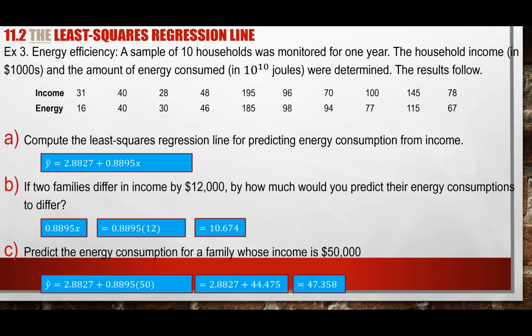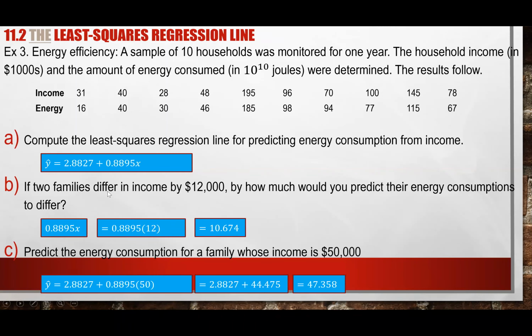Question: how come in part C of this question we have to do the full equation, whereas in part B all we have to do is multiply 12 times the slope? Because they tell you this is the difference. We just estimate the difference.